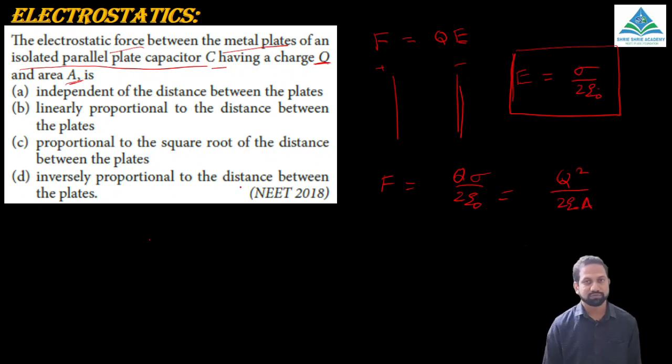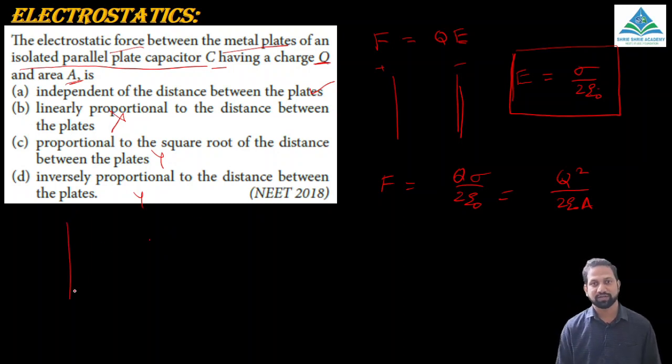Then we can conclude the options here. Independent of the distance between the two plates, yes, of course. Linearly proportional to the distance, no, this is not correct. Proportional to the square root of the distance, no. Inversely proportional to the distance, also no. This is because, for uniformly charged plates, plus sigma and minus sigma, the electric field is sigma by 2 epsilon naught.